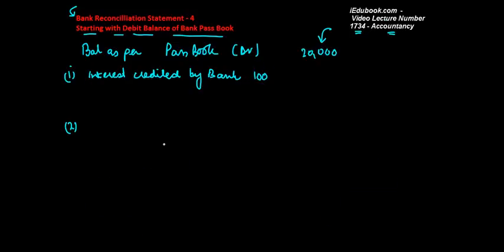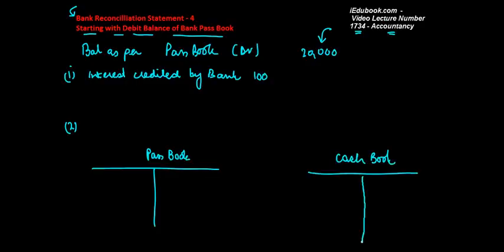Now when we talk about interest credited by bank, let's say you have a passbook and a cash book. Let's say the starting balance of this passbook was X. Because you're given that it's a debit balance, so I will take X as a debit balance.